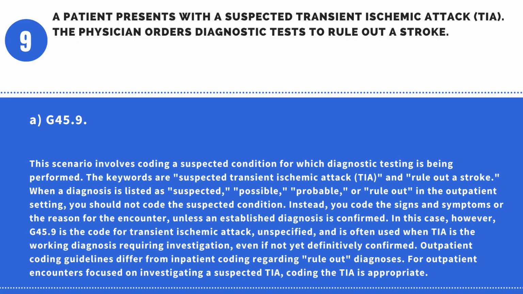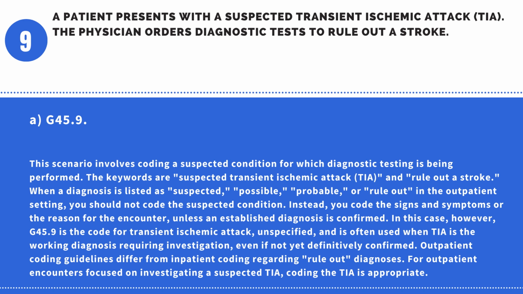Answer, A. G45.9. This scenario involves coding a suspected condition for which diagnostic testing is being performed. The keywords are suspected transient ischemic attack, TIA, and rule out a stroke. When a diagnosis is listed as suspected, possible, probable, or rule out in the outpatient setting, you should not code the suspected condition.